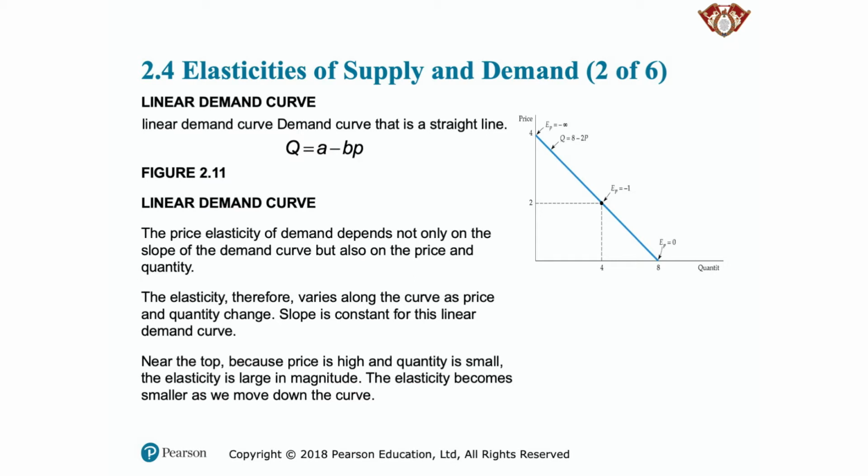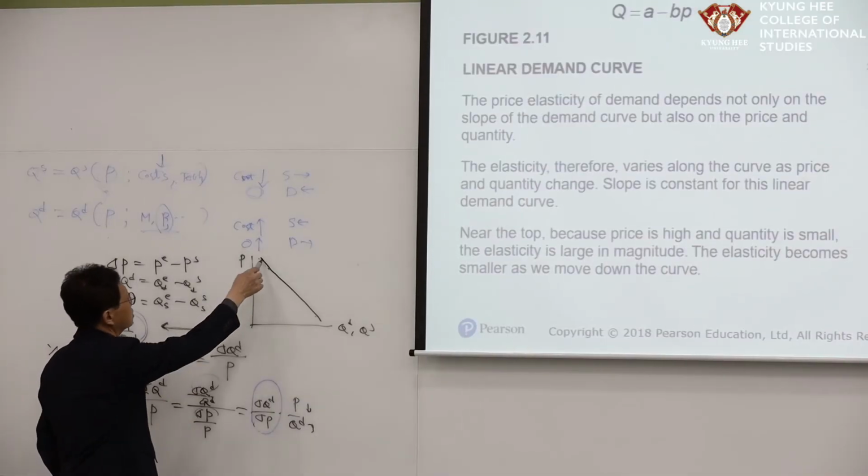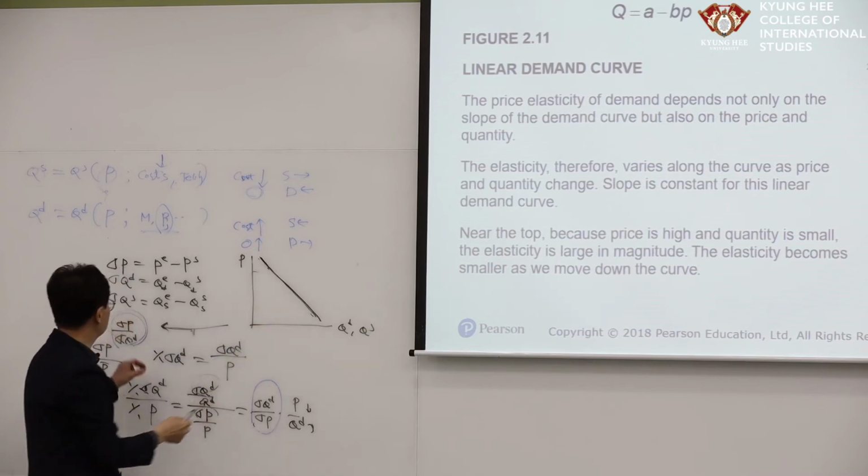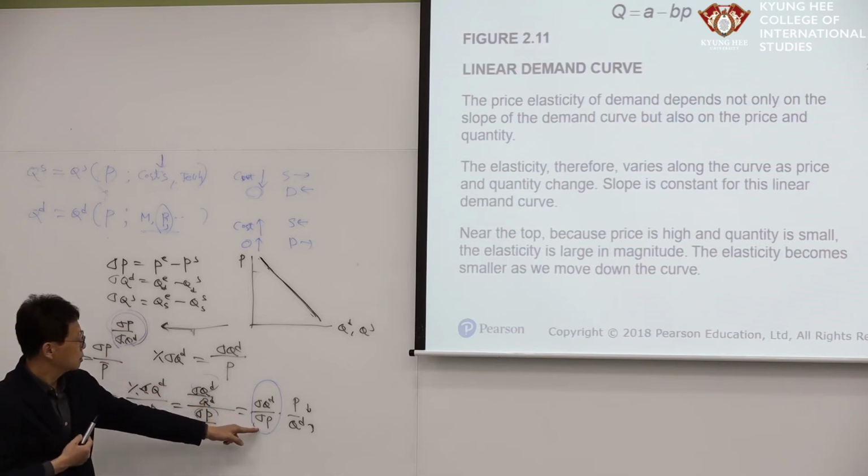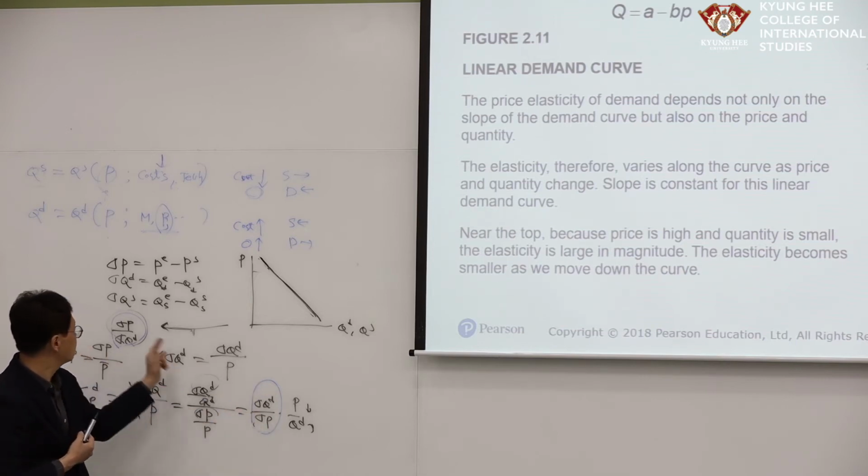So from here, for a linear demand curve, the reciprocal value of this one is this one, which is minus B. Anyway, in this graph the slope, change in P over change in Q, is the same, for example minus 1 over B. But in price elasticity of demand, this blue term is the reciprocal value of this.